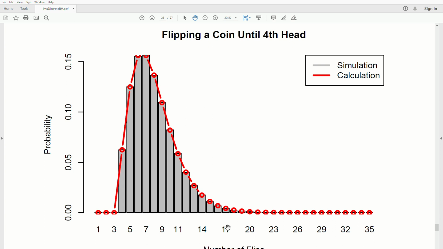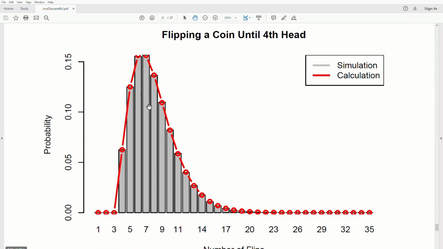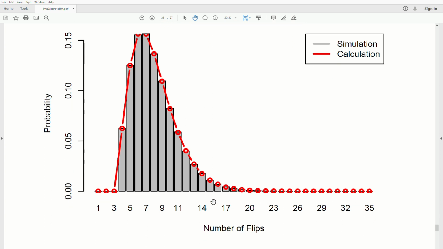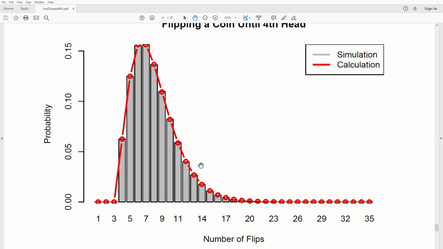Here's the probability that it took 17 flips to observe 4 heads. Gray is simulated. Red is the exact calculation. So we put in the formula exactly, and boom, it prints it. And notice that they're very close. Of course, if you simulate something 700,000 times, it's going to be really close to the theoretical.